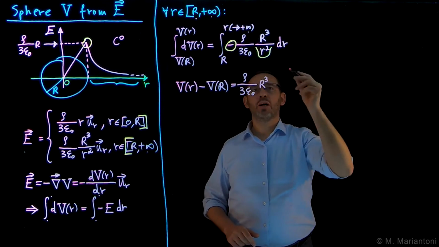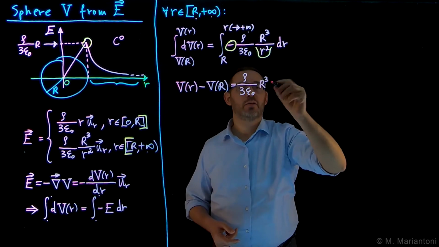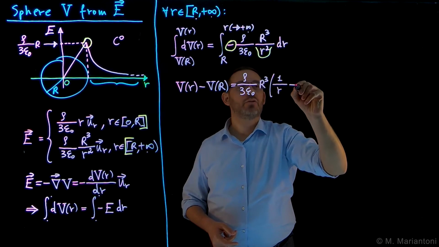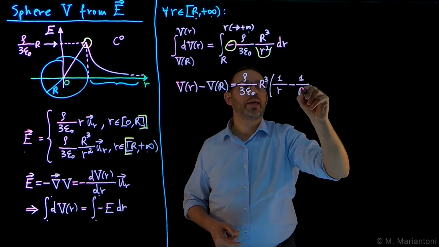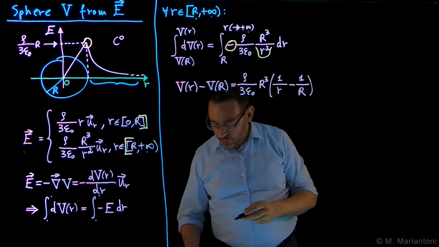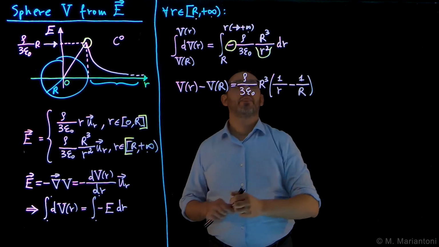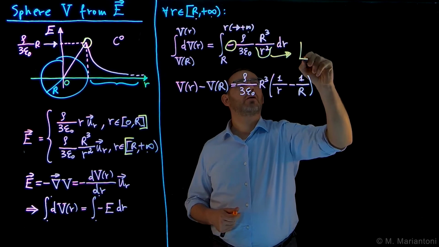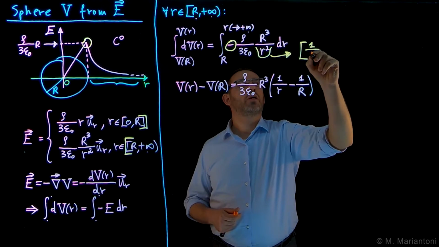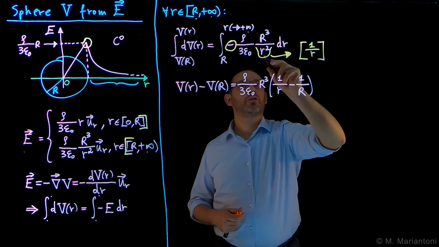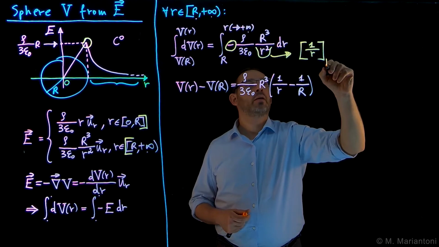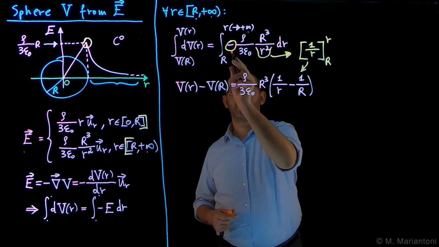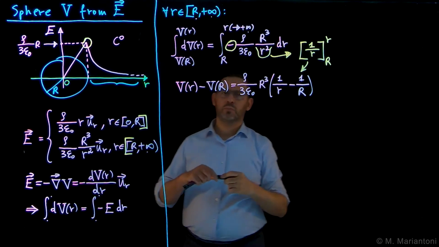The integral of minus 1 over r squared is 1 over r between capital R and small r, so 1 over small r minus 1 over capital R. Where I remind you that here we simply computed this integral, which is 1 over r, and this has to be computed between capital R and small r, therefore giving this result. But the minus sign is already built in here.